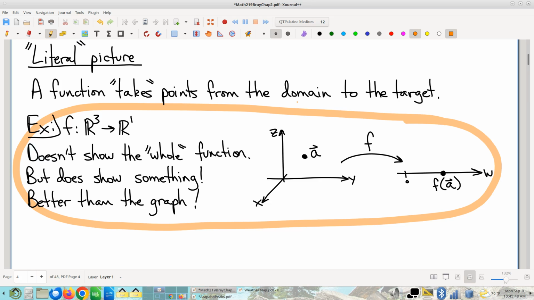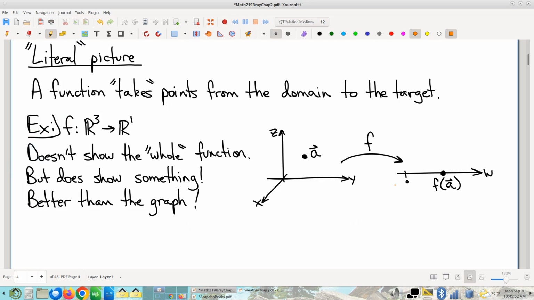And in fact, this is going to be a super picture for some of our purposes, because even though I can't see the entire function in any sense, it is still true that I can see something.